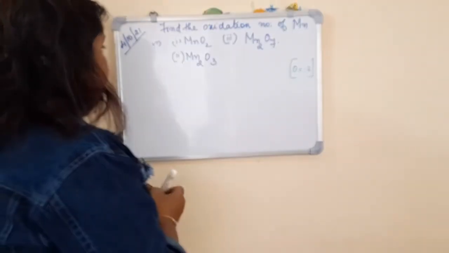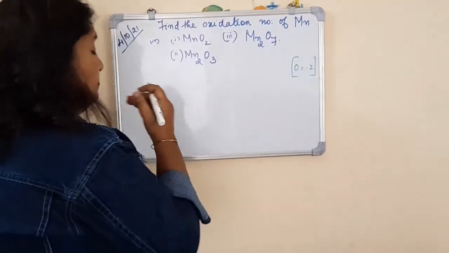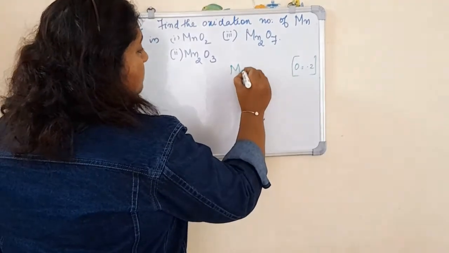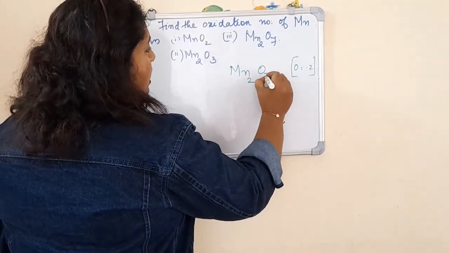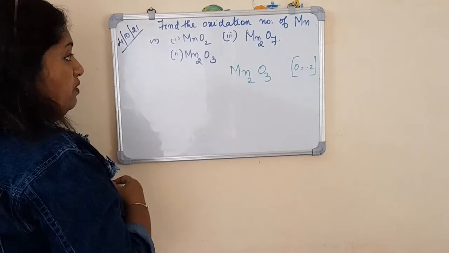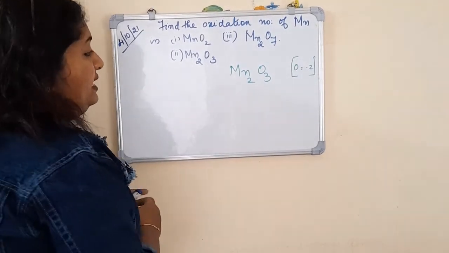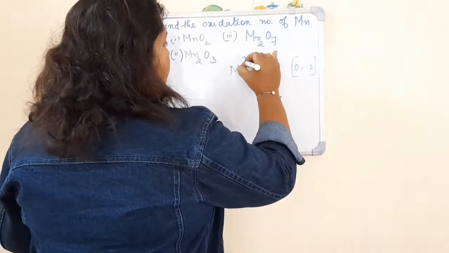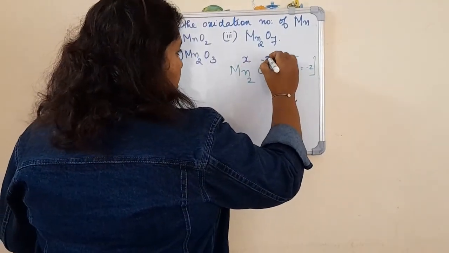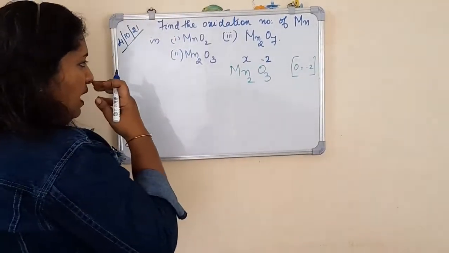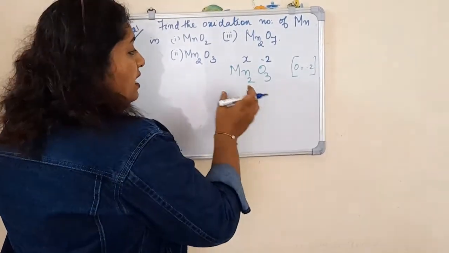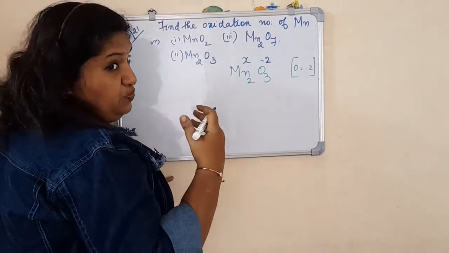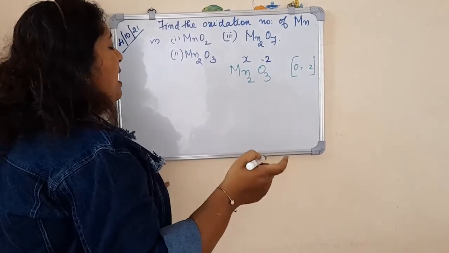Second one, the question is Mn2O3. And we want to find out the oxidation number of manganese here. So manganese, I am putting x, oxygen minus 2. In the other examples which we discussed, there was only one manganese atom.